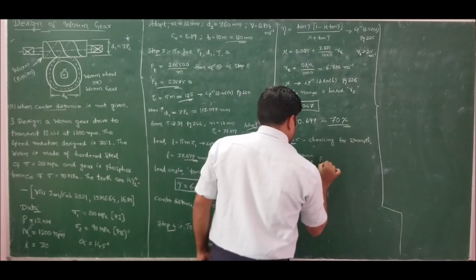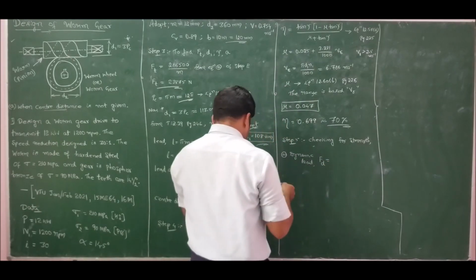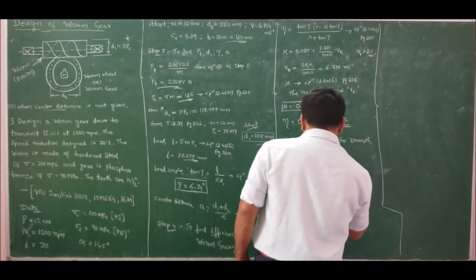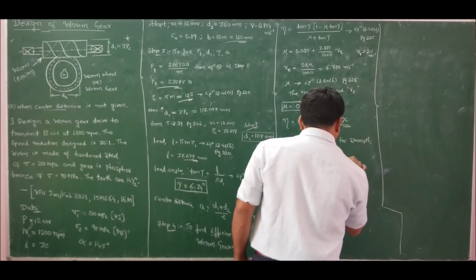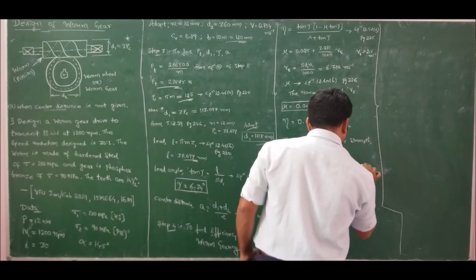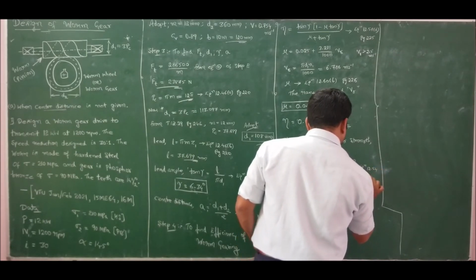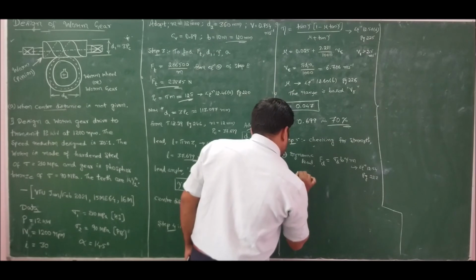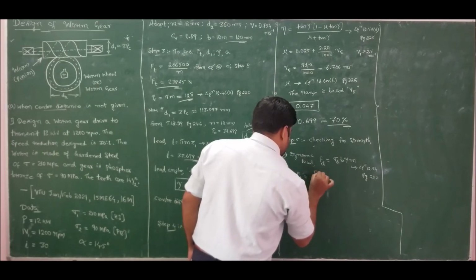Dynamic load FD is given by sigma D B capital by M. This is equation 12.54 of page 223. So if I observe the tangential load equation, I can write directly FD as F tangential divided by CB.